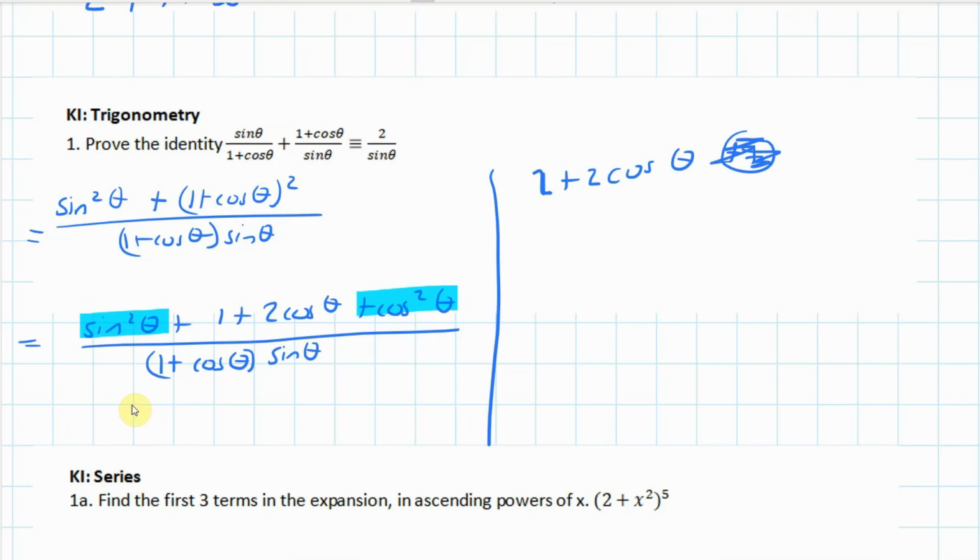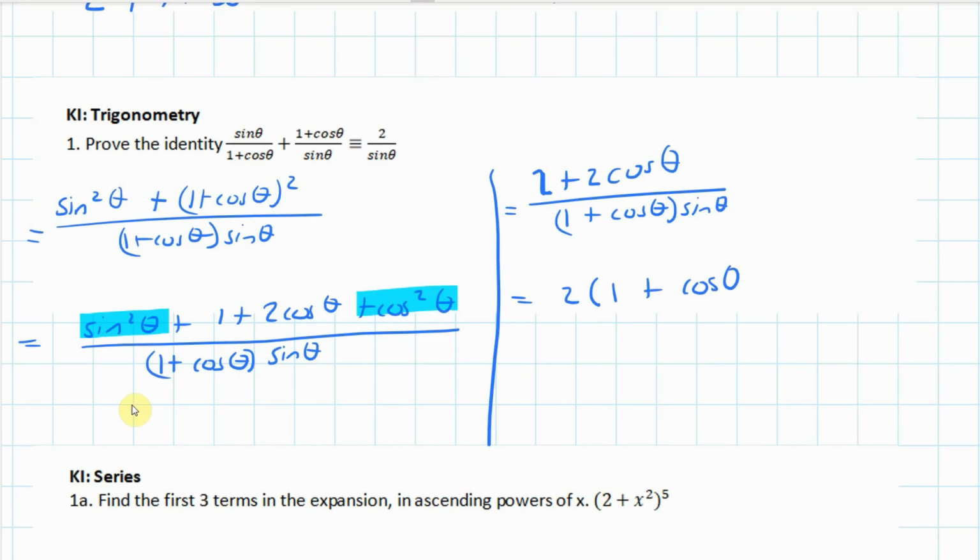Let's make this a bit neater, it's getting a bit messy. 2 cosine theta, then we're going to pop that over 1 plus cosine theta into sine theta. And then we'll factorize that. And we're going to pop that over 1 plus cosine theta. And you can see probably already now we're there, because we can just cancel this out, because that divided by that is 1. And that will leave us with 2 over sine theta.